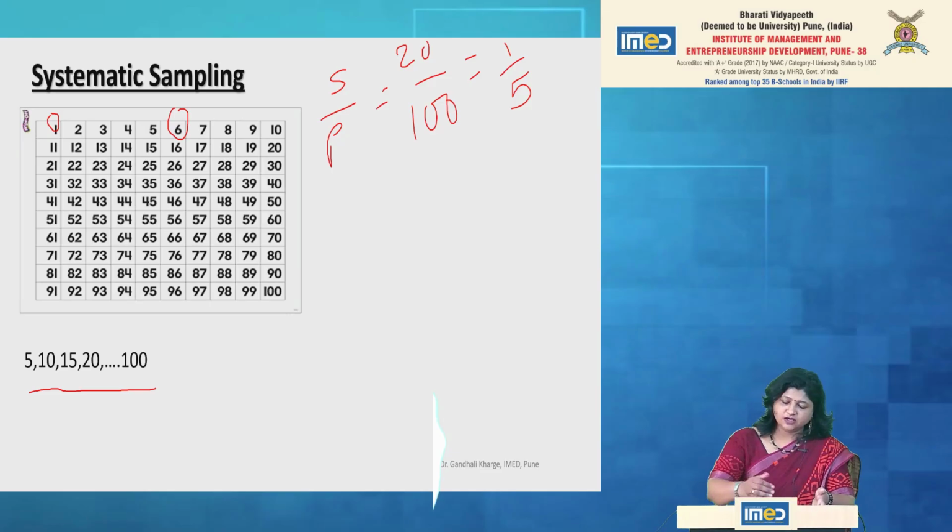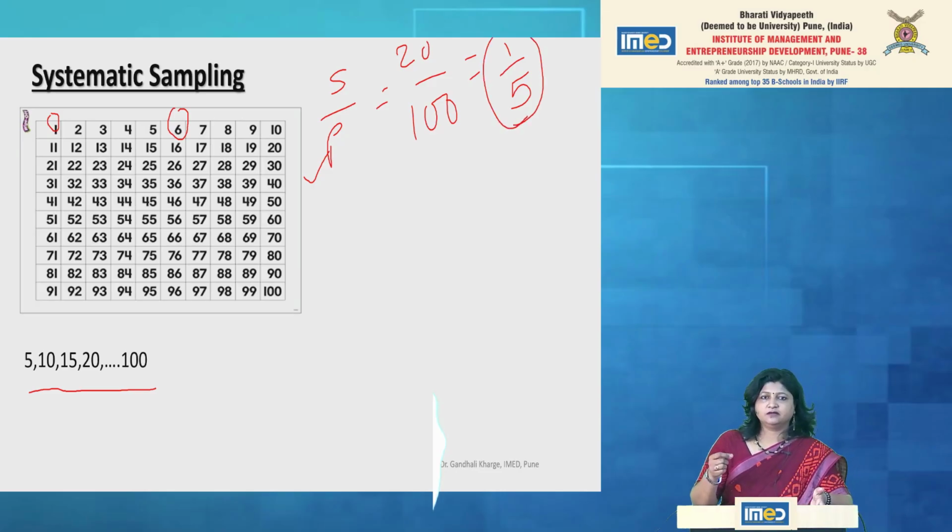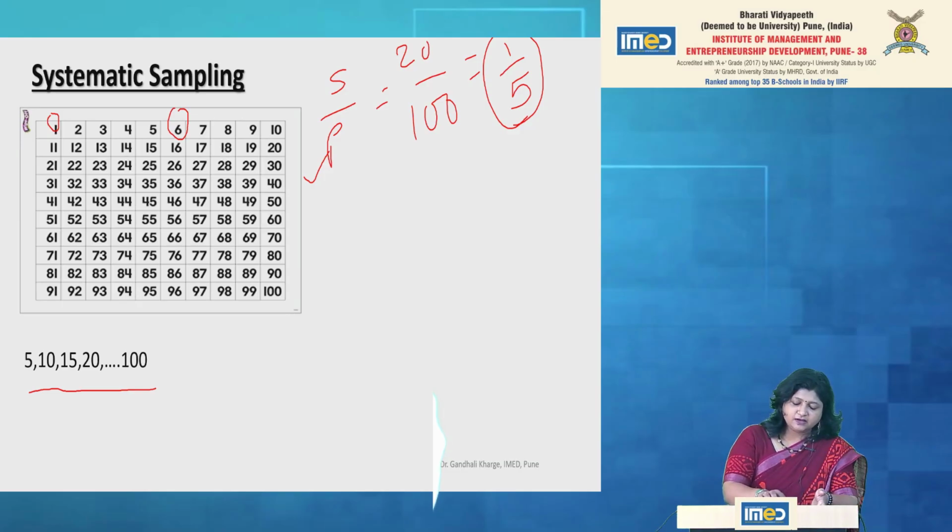So the first step is to take the proportion of sample to population, then depending on this ratio, I fix which numbers will be my respondents. Who will be my first respondent is up to the researcher.